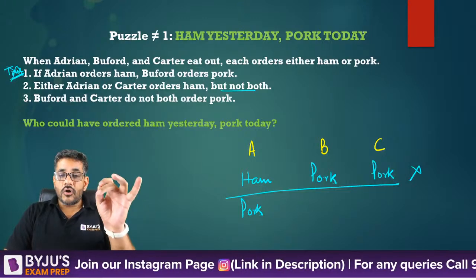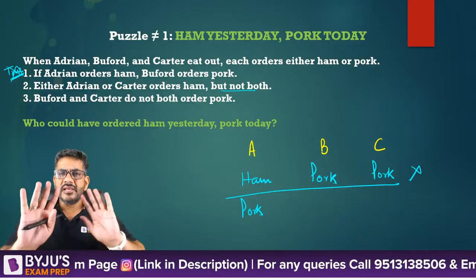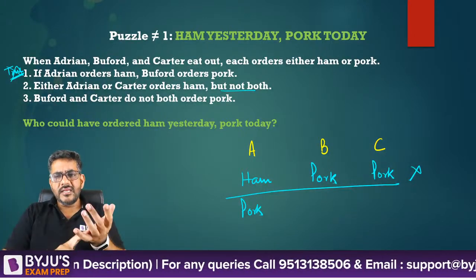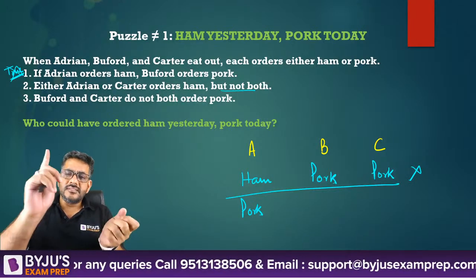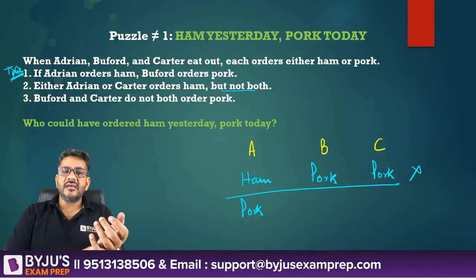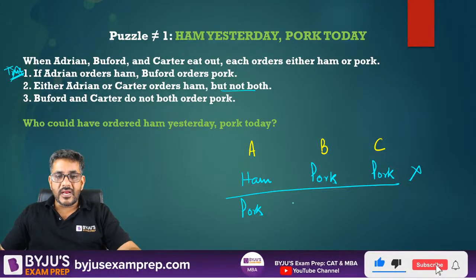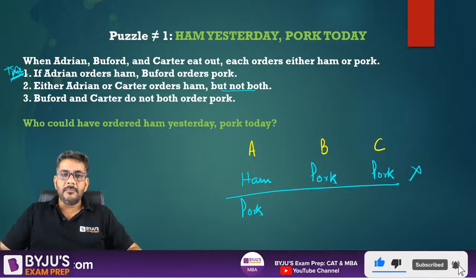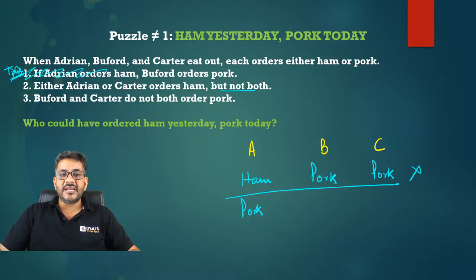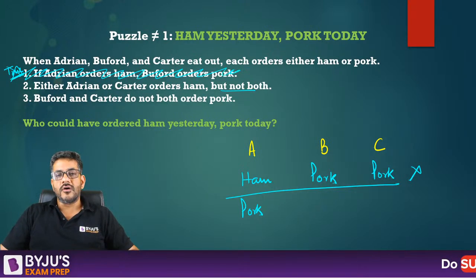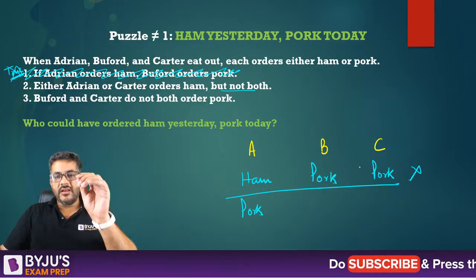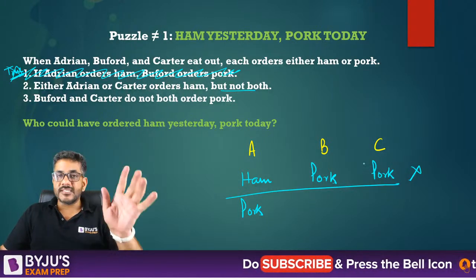If Adrian orders pork, that means there is no condition on that. Adrian अगर ham order करेगा, then there is a condition. But if Adrian is ordering pork, that means there is no condition for that. So Adrian orders pork, there is no problem. But yes, now the first statement is of no use for us because the first statement was used and we got the first case which got rejected.